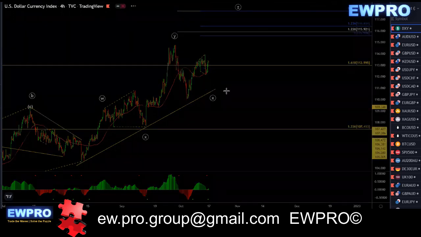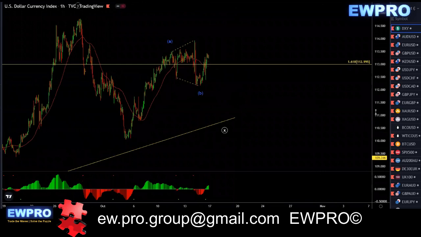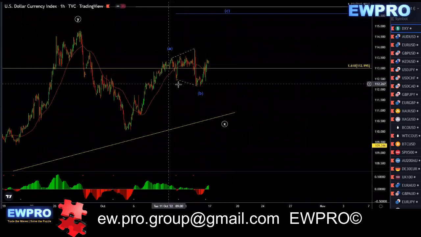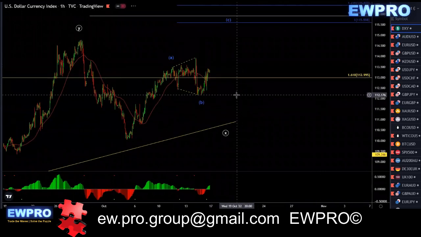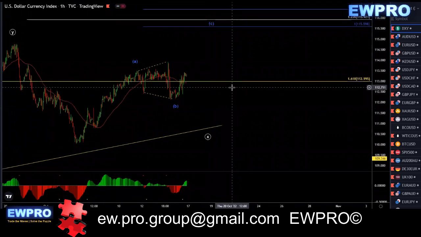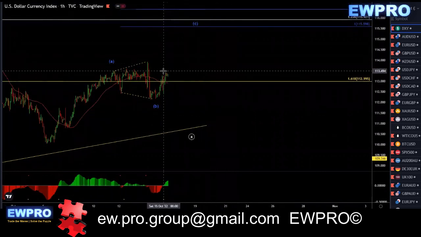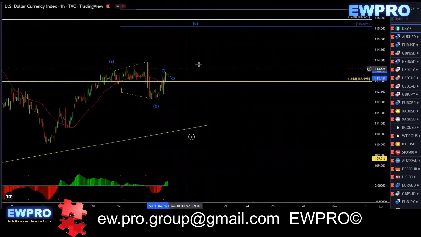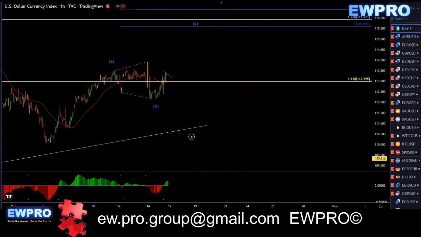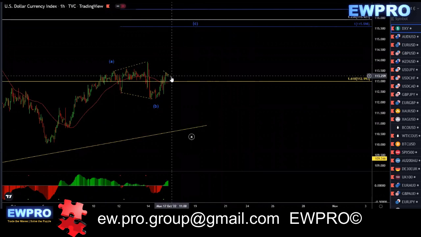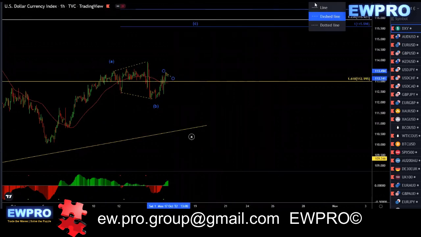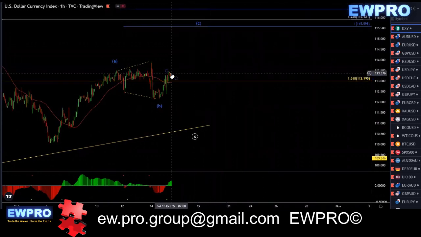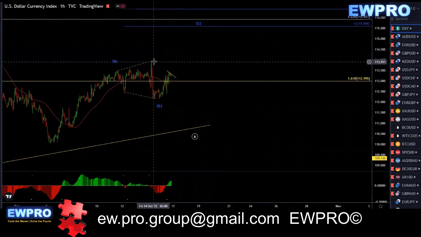On the H1, you can see what I'm looking at. We got this expanding flat in here, and you're sort of getting a little bullish flag in here. You could look to buy this, and you're really only scalping this to break that top.